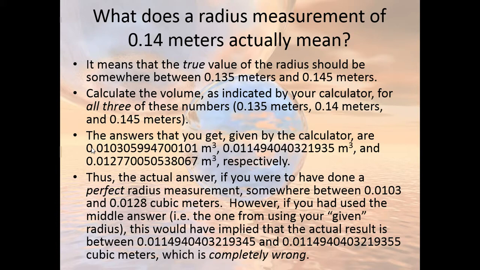Again, it's the one that I mentioned before that we're not going to get into concerning relative error, but for the purposes of AP Physics 1 and AP Physics 2, for that matter, we pretend that it does work like that. And you're never going to be off by more than about 1 or 2 in the last number anyway. So we'll call it 0.011 meters cubed and be happy.